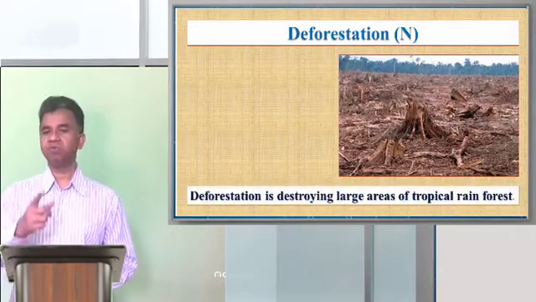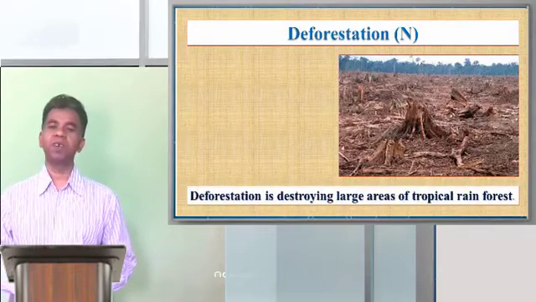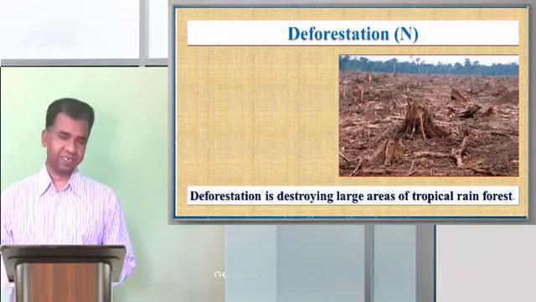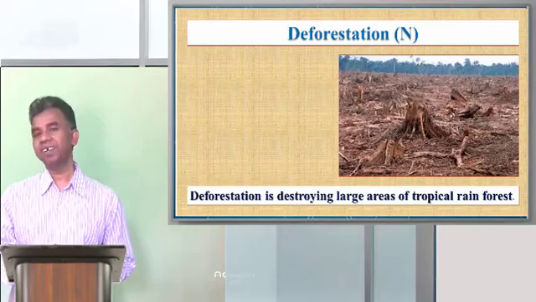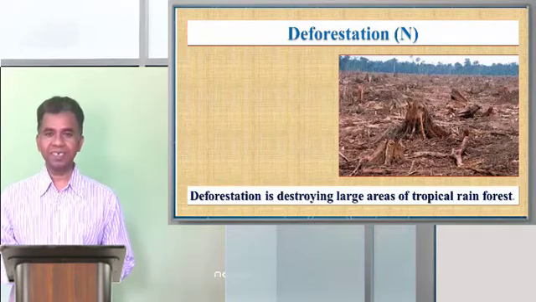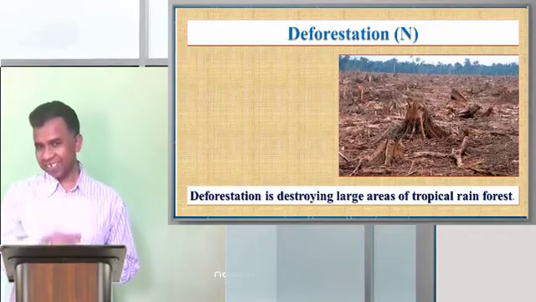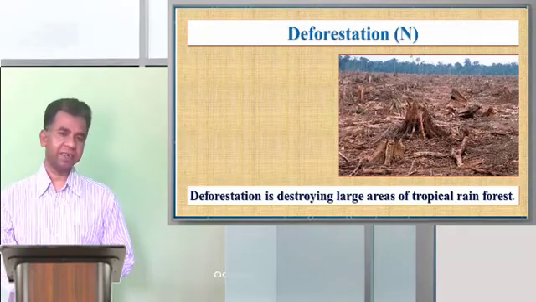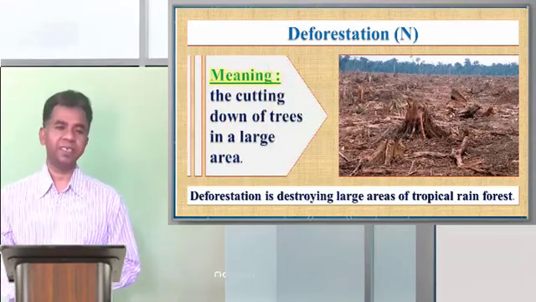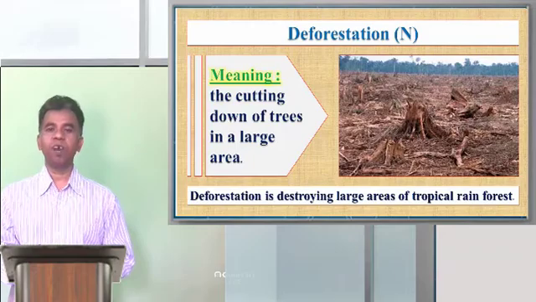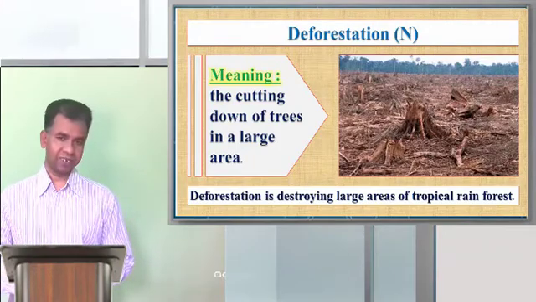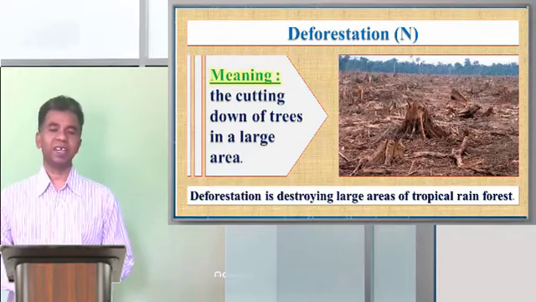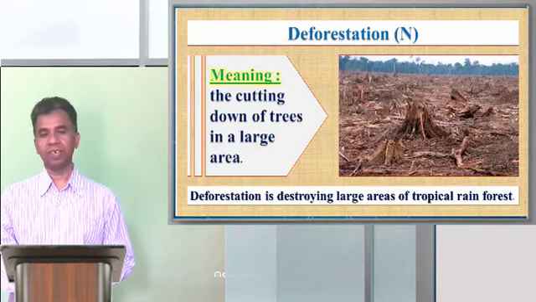Deforestation is destroying the large area of tropical rainforest. Now, can you guess what is the meaning of deforestation? Yes, your answer is correct. Deforestation means the cutting down of trees in a large area. This word is a noun.